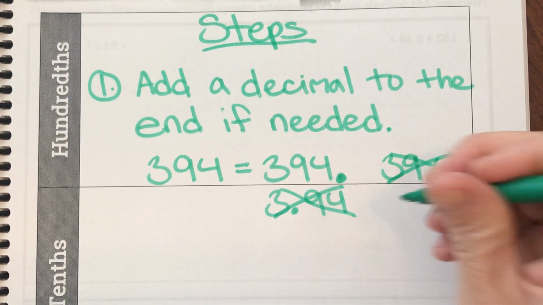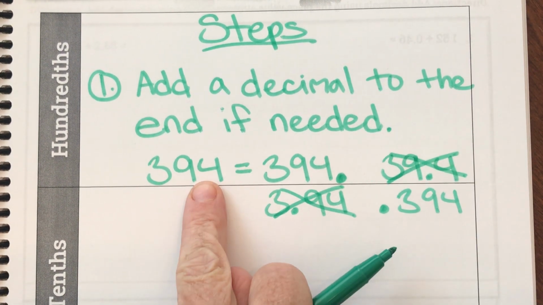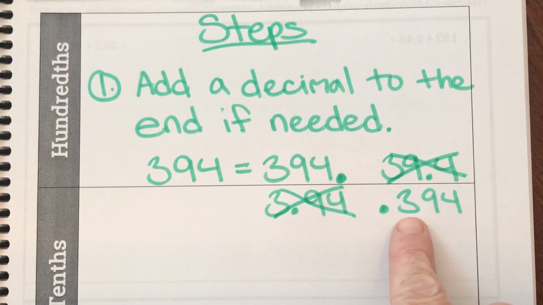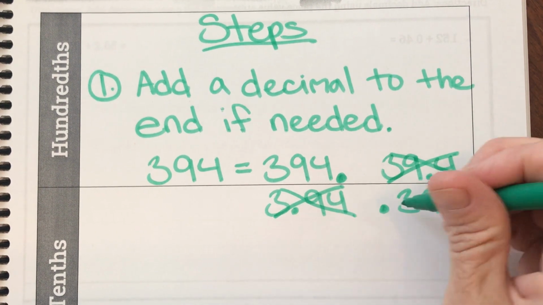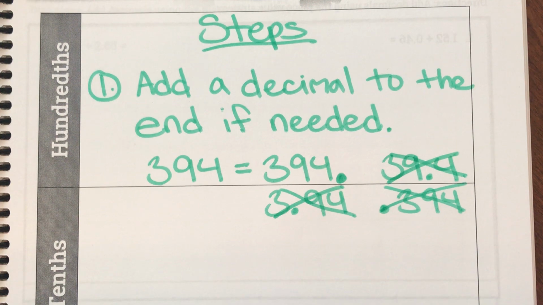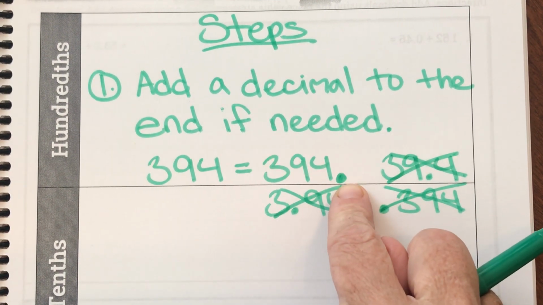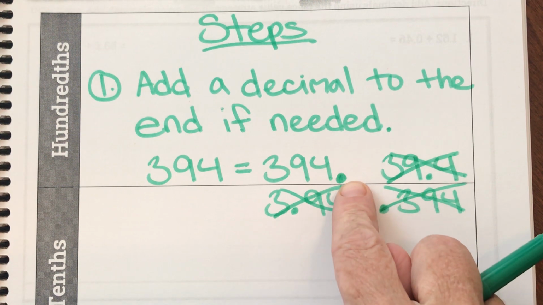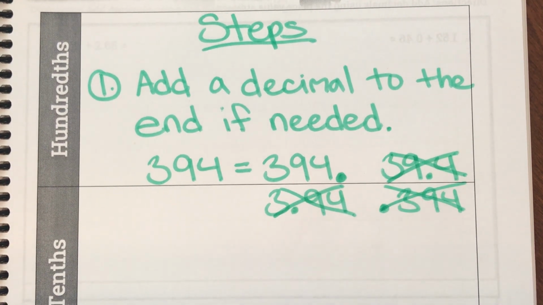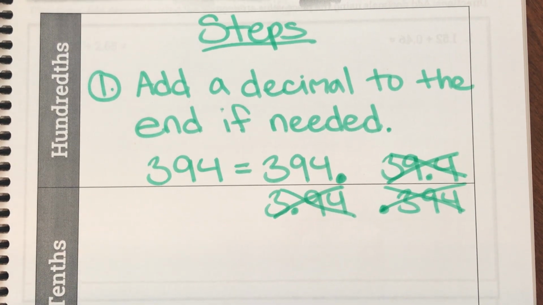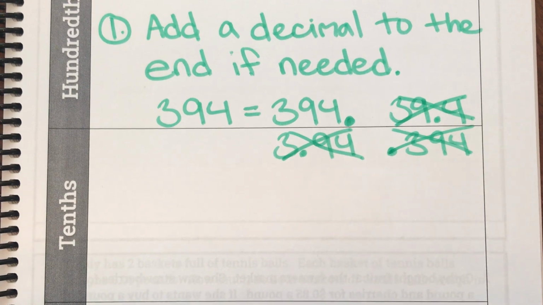No. What if someone put it in the front by accident? Is 394 the same as decimal 394? No. Here I don't have any wholes. So if there's not a decimal in one of your addends, you only add it to the end. We always add it to the end because you don't change the value by doing that. That's our first step. If we have an addend that doesn't have a decimal, we put the decimal on the end.